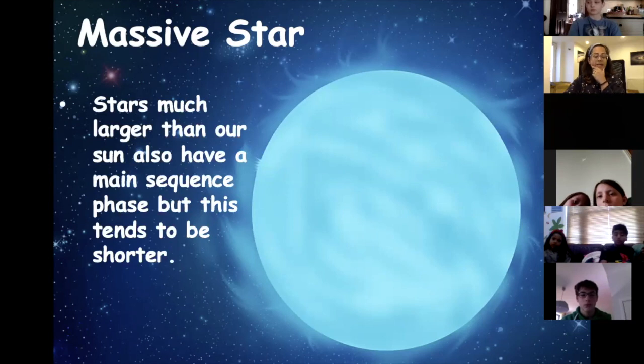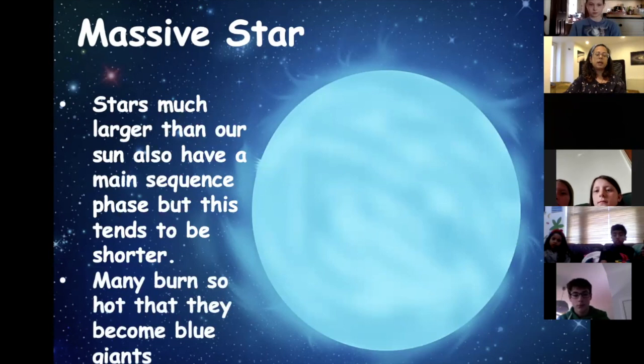But the main sequence phase tends to be shorter because even though they have more fuel, they tend to burn it quicker. Our sun's phase lasts for billions of years. Massive stars would still be billions, but less. They burn so hot that they would turn into a blue giant instead of a red giant.